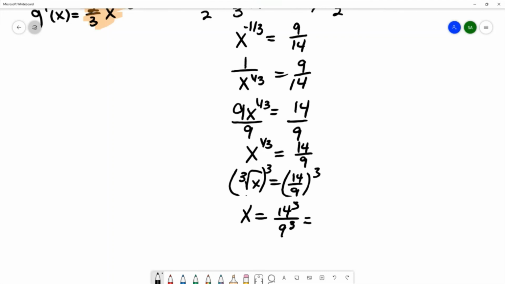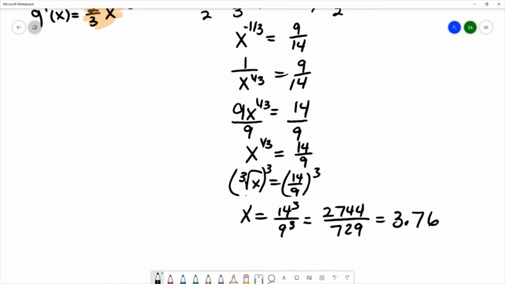Let's see what that comes out to be. 14 cubed is 2,744. 9 cubed is 729. 2744 divided by 729 gives me 3.76. I'm just rounding to 2 decimal places.